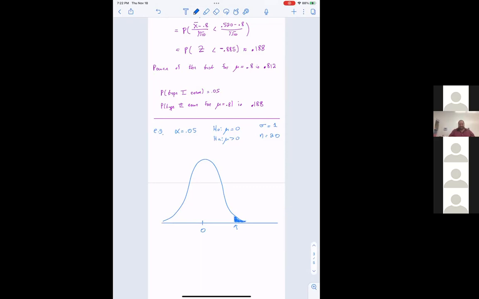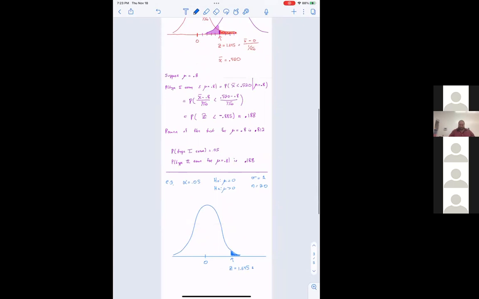I'll give you my answer. It hasn't changed. It's 1.645. That hasn't changed. However, if I use my z-score formula, what will my formula be in this case? It'll be divided by square root of 20 instead. Yeah.